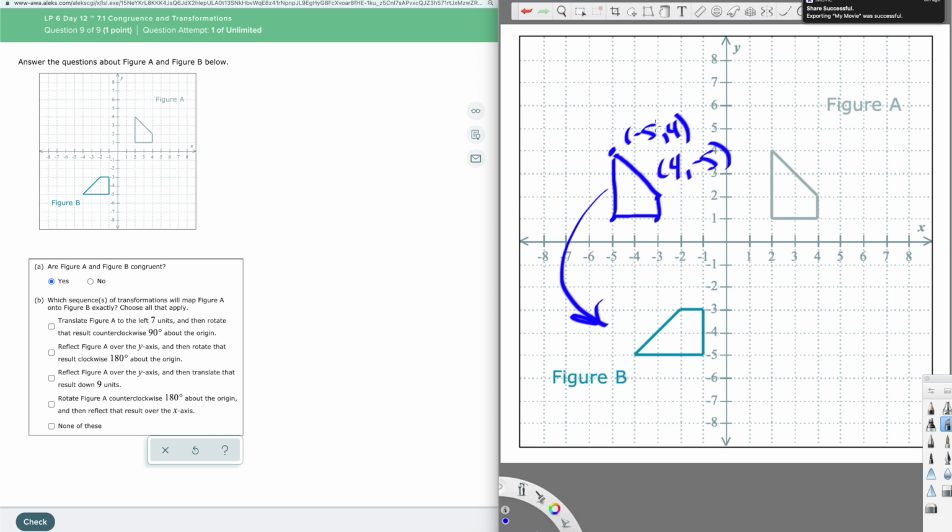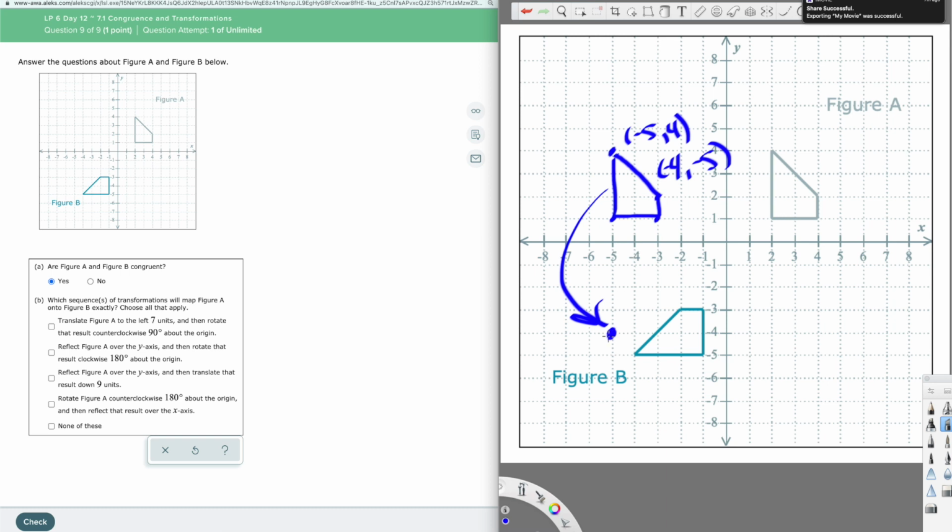I just flipped positions. But then the Y coordinate needs to become opposite. So it was +4, now it's -4. So if I come down here and I go positive or -5, -4, that would be right here.